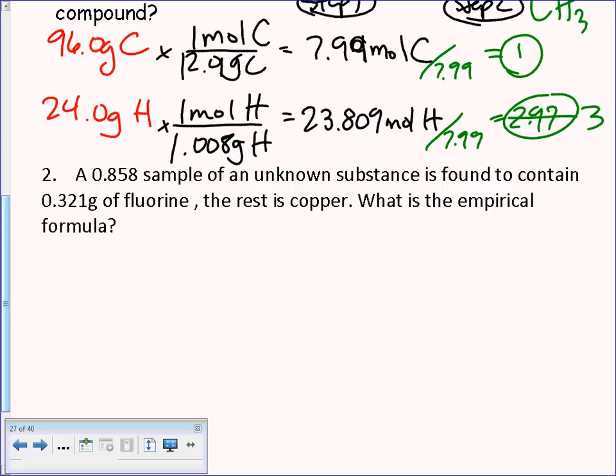Similar process. I don't believe I put this on your paper. So write down what you need to.